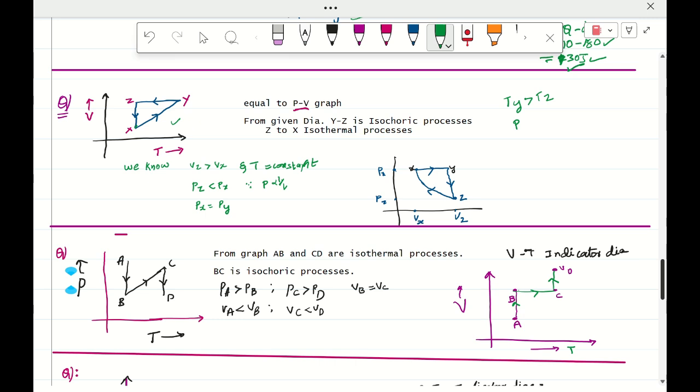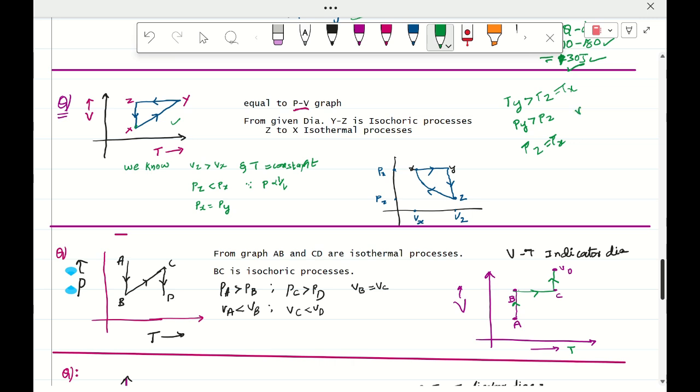And volume is constant, so Py is more than Pz, since P is proportional to T. First, I have given graphs for the isochoric process. Coming to Z to X in the graph, it is an isothermal process. That means Tz is equal to Tx. And here, at T constant, V is inversely proportional to P.